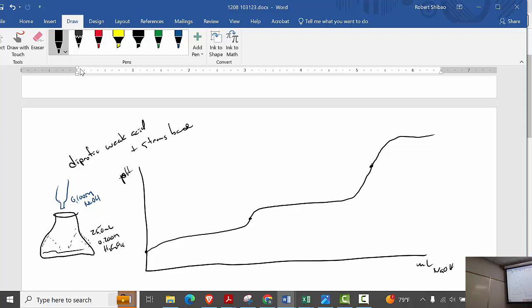But we've got to figure out where the first equivalence point is going to come in, and where the second equivalence point is going to come in, in terms of milliliters of sodium hydroxide. So how many milliliters of sodium hydroxide will it take to get the first and second equivalence points?